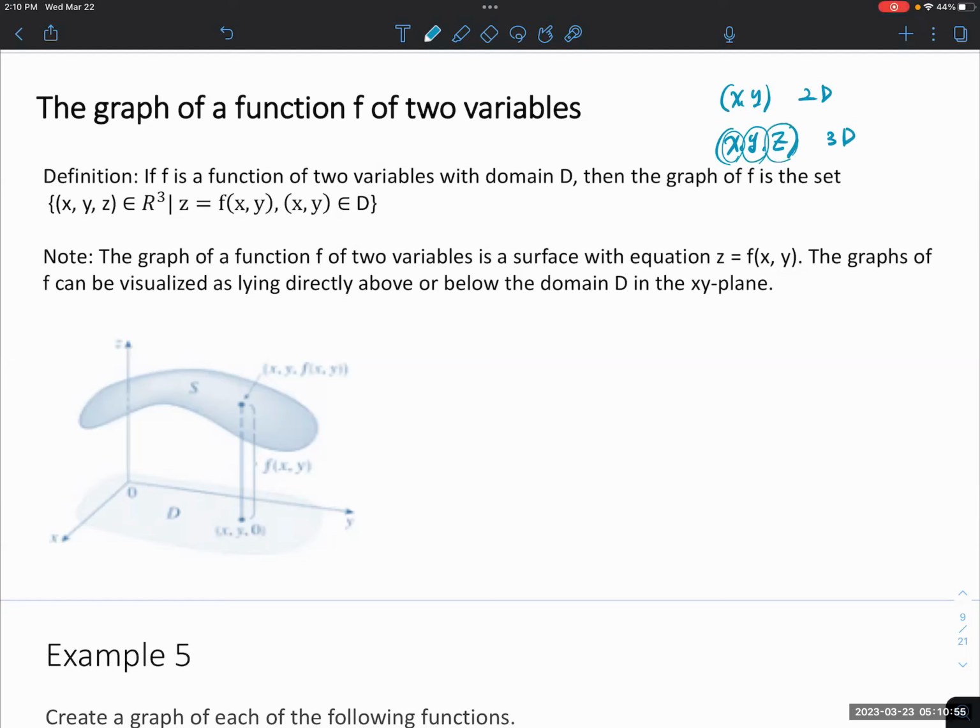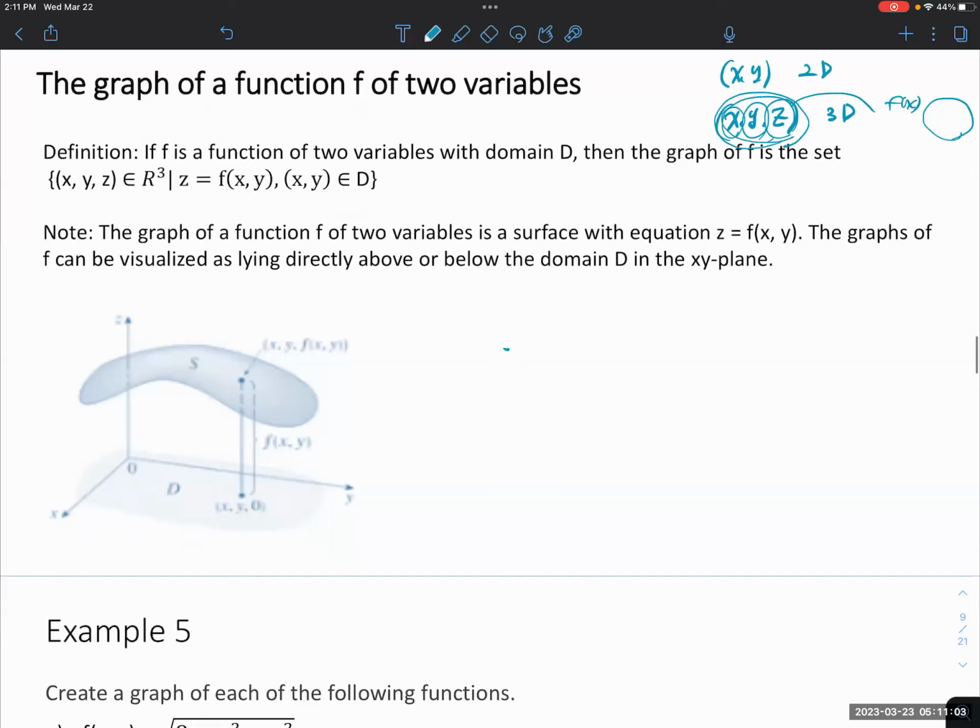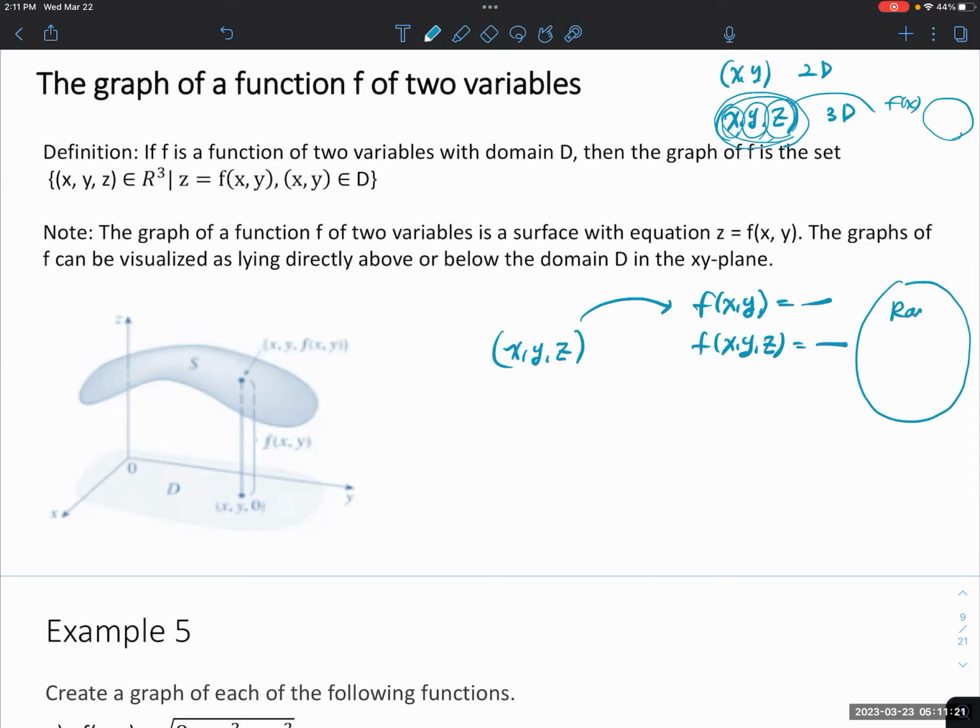But you can also pass them through a function and you can still define the domain and the range. Does it make sense? So one more time, we have x, y, z. This is a coordinate point. You have a given function. It could be just simple xy, or it could be xyz, whatever function is given. So you plug in, and you can find the possible outcomes, which is going to be the range. Also, you can have whatever the domain as well.